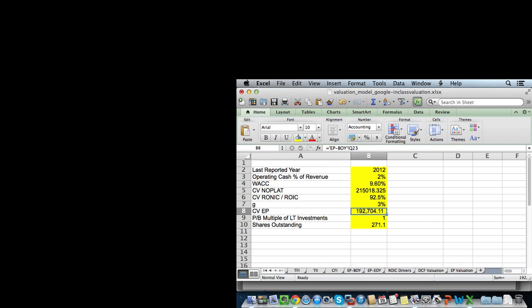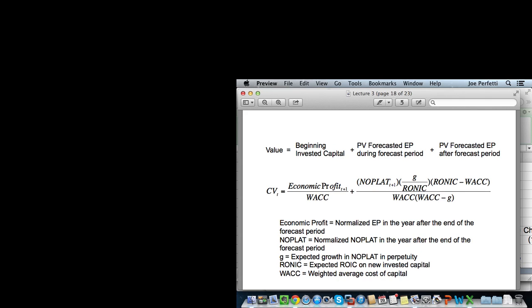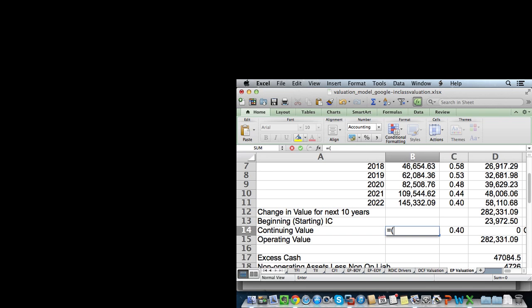All right, so now I'm going to go build this formula off the EP valuation. Hope I get it right. So equals left paren economic profit divided by WACC. So go back to the assumptions tab.